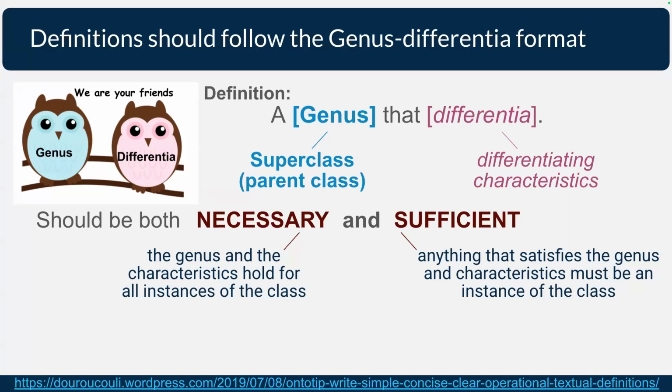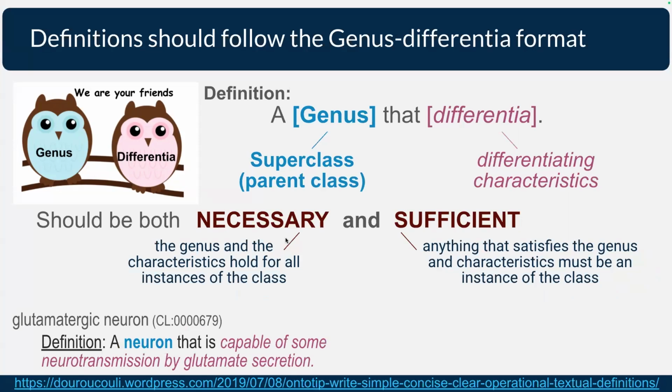We'll look at examples. So glutamatergic neuron, the definition being it is a neuron that is capable of some neurotransmission by glutamate secretion, is actually following both necessary and sufficient conditions, because all it takes for something to be a glutamatergic neuron is to be a neuron and to be capable of neurotransmission using glutamate.